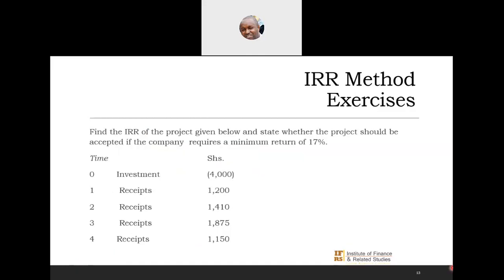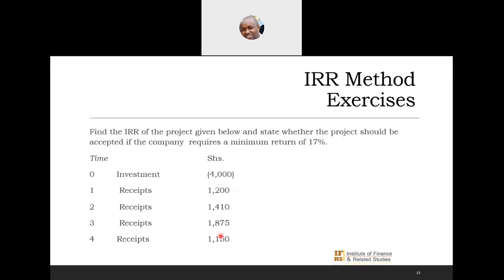Let's try another question. Again, go over it. Here, we are told that the company has a minimum required rate of return of 17%. And therefore, again, we would have to compute NPV first using 17%.